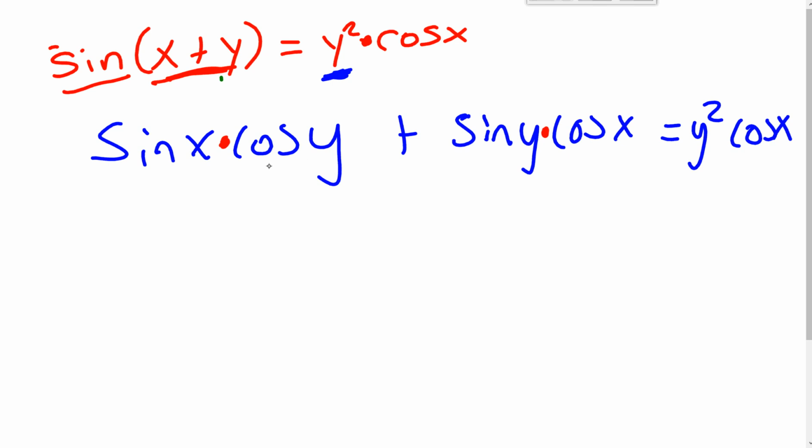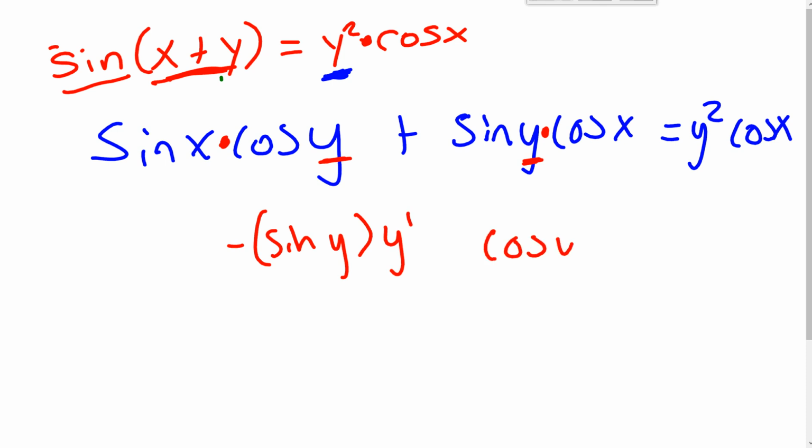And here we're going to have to do chain rule because it's in terms of y. But really that's just, you know, the derivative of cosine, negative sine of y, and then times y prime. This one would be cosine of y times y prime.